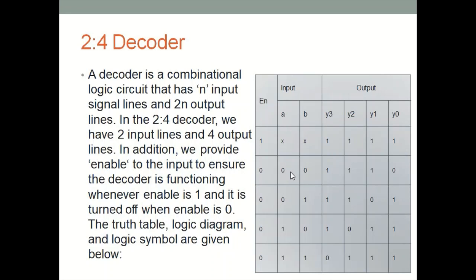So our inputs here are 00, 01, 10, 11. For the output 1110, the input is 00. For the output 1101, the input is 01. For the output 1011, the input is 10. For the output 0111, the input is 11.